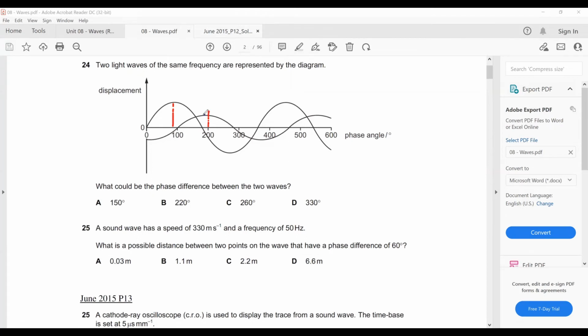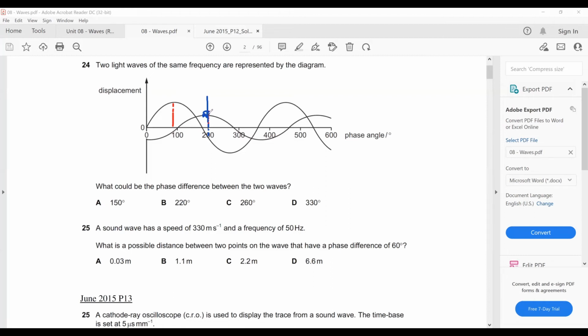Okay, this one here, the crest is not at 200. The point that I picked is not suitable, because I picked this point here and assumed it's at 200. If you use a ruler to extend the line, the crest is actually not exactly at 200.